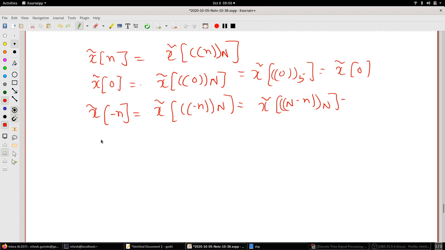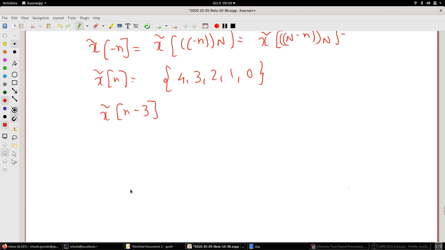So if I am given x tilde of n as something like this, let's pick up the previous example only: 4, 3, 2, 1, 0. This is what is given to you. I want to find out x tilde of n minus 3. How do I do that?